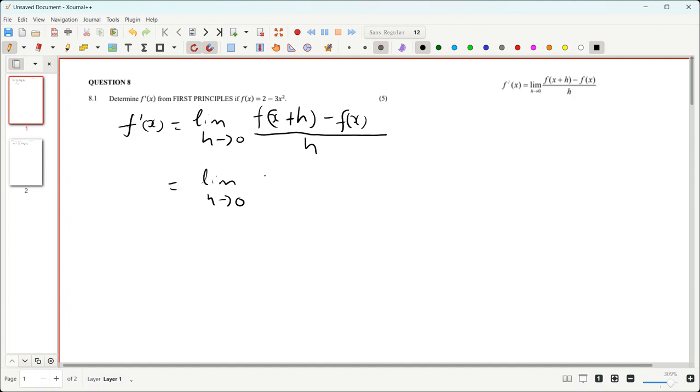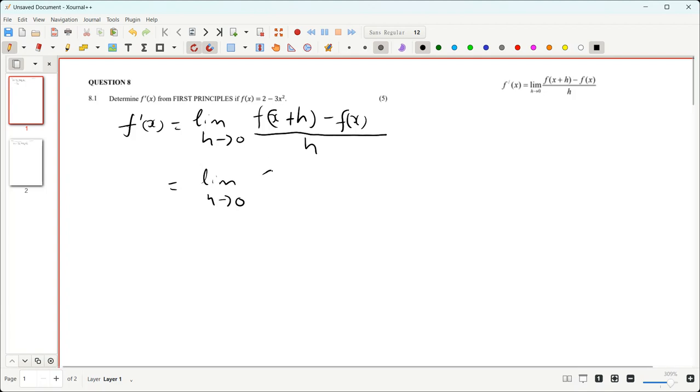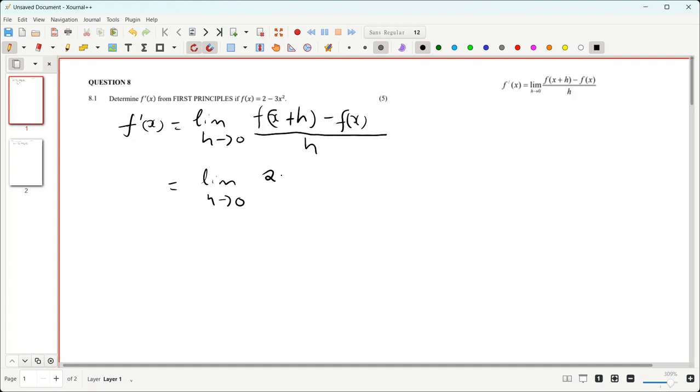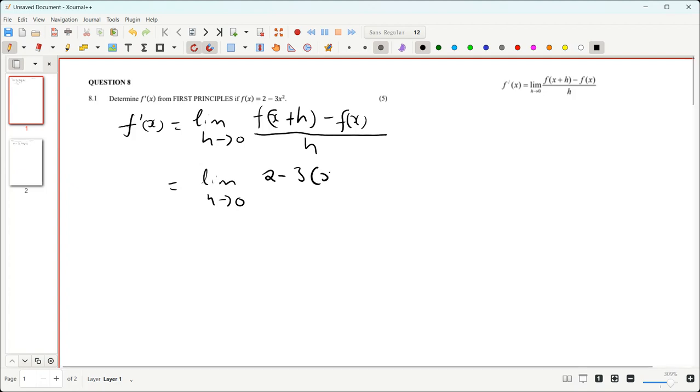So you have f of x equal to 2 minus 3, and in the place of x here in f of x, you just put x plus h, and then you square this.